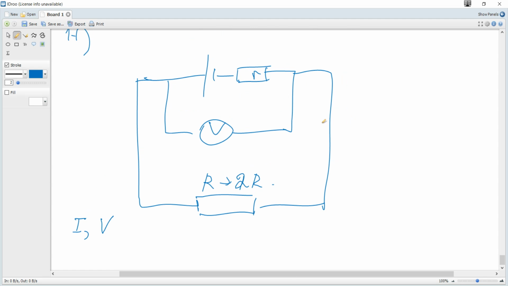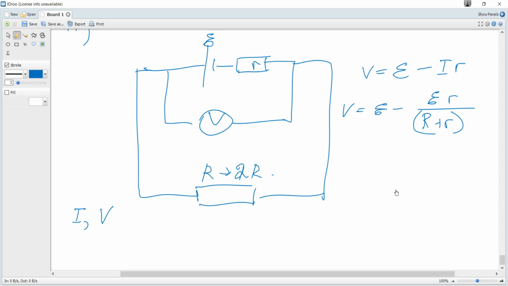So we know that the terminal voltage, this V, is the EMF minus the potential drop across the internal resistance. And the current is the EMF divided by the total resistance, which can be represented as the resistance of the circuit plus the internal resistance. And for V, we need to say it becomes greater.